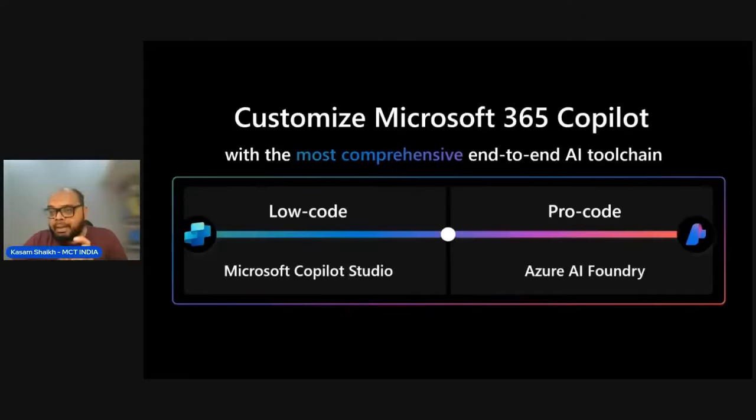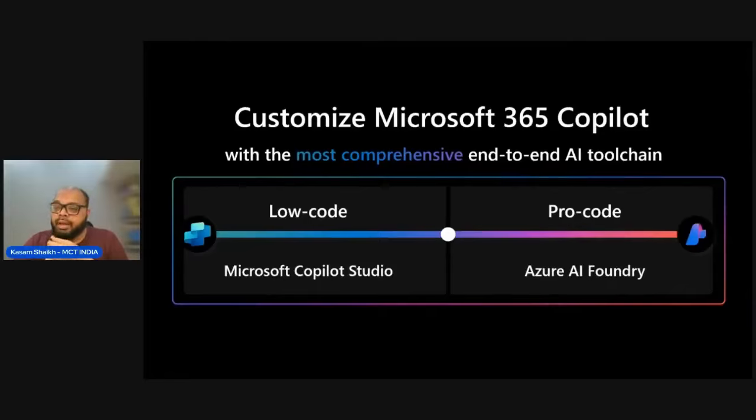So with Copilot Studio, you can easily connect Microsoft 365 Copilot to other data using either pre-built or custom plugins and GPT. So you can create and orchestrate sophisticated logic, and Copilot Studio includes management capabilities, allowing you to stay in control.